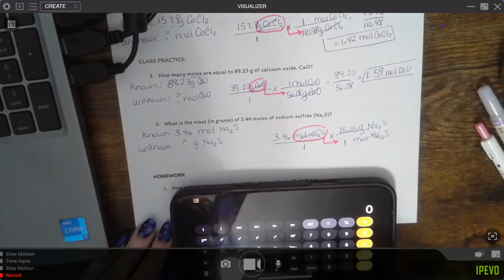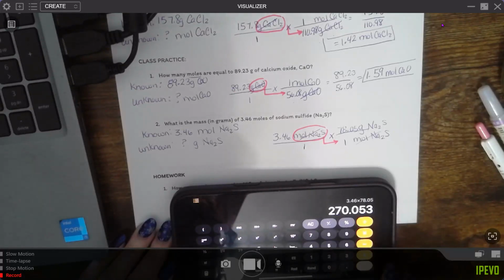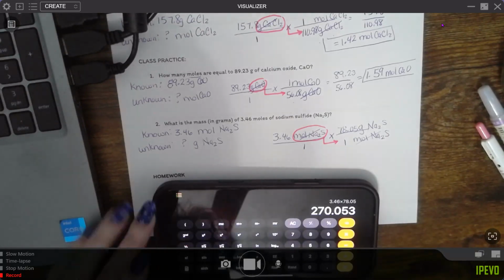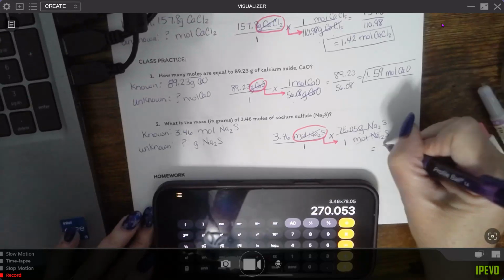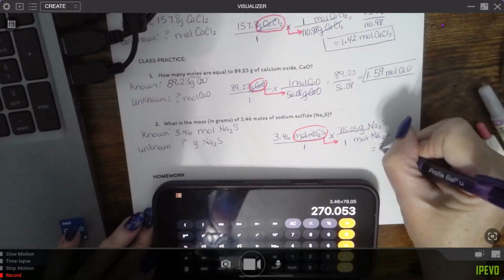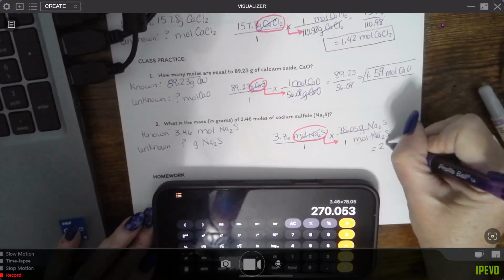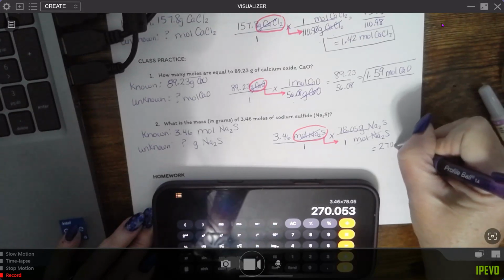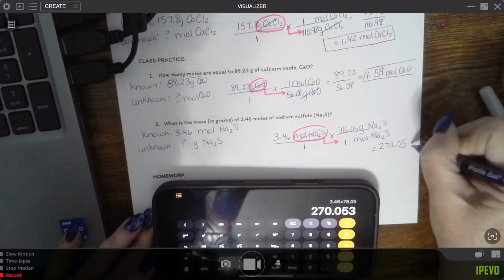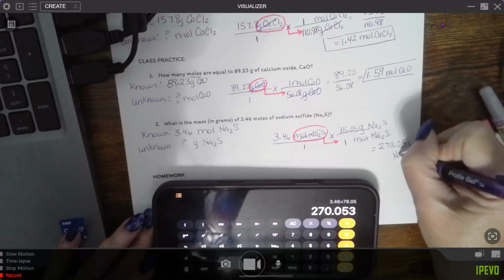So 3.46 times 78.05 is 270.05 grams of Na2S.